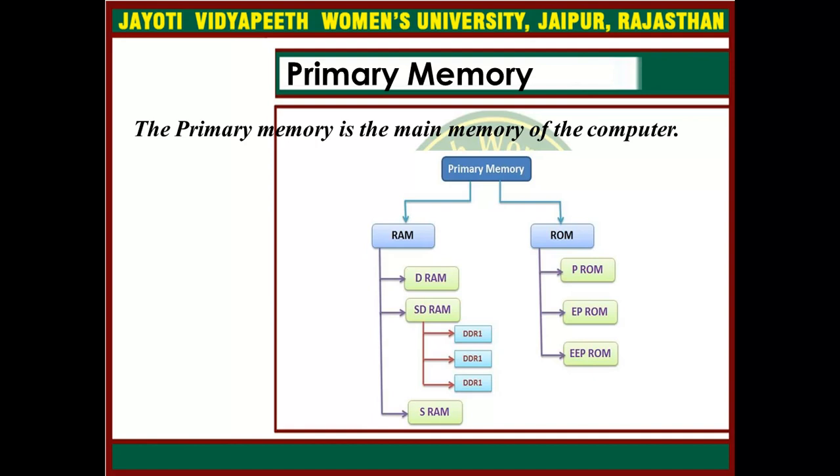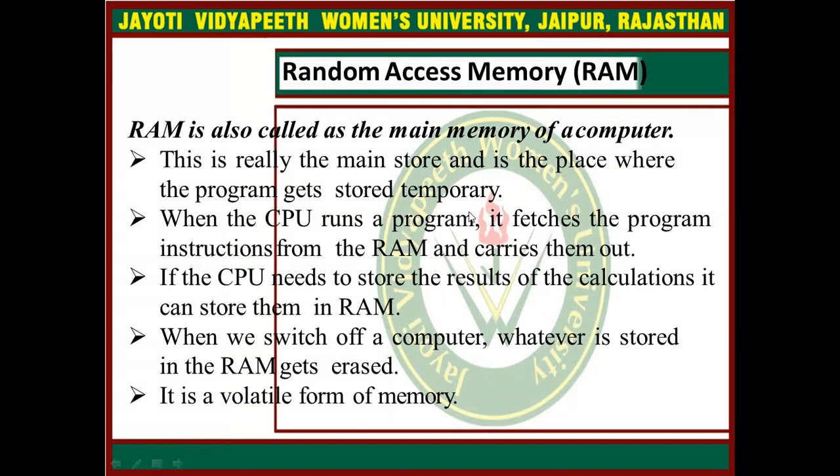SDRAM is divided further into DDR1 and so on. Another one is SRAM, that is static. ROM is further divided into PROM, EPROM and EEPROM. That is programmable read-only memory, erasable programmable read-only memory, and electrically erasable programmable read-only memory.